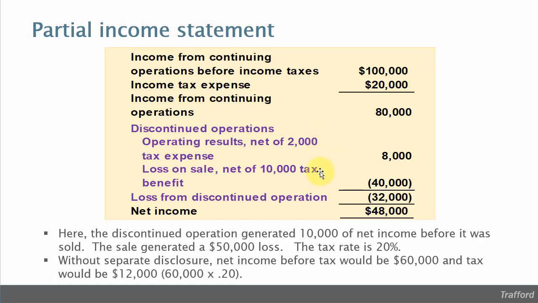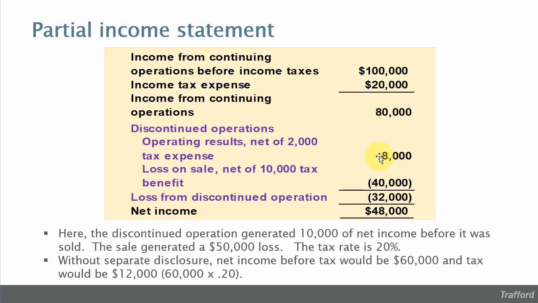There was a $50,000 loss. That $50,000 loss would generate 20% of that, or a $10,000 tax benefit or negative tax expense. It offsets other tax expense. So that loss minus the $10,000 tax benefit is a $40,000 loss. Notice that taxes reduce gains and taxes reduce losses.